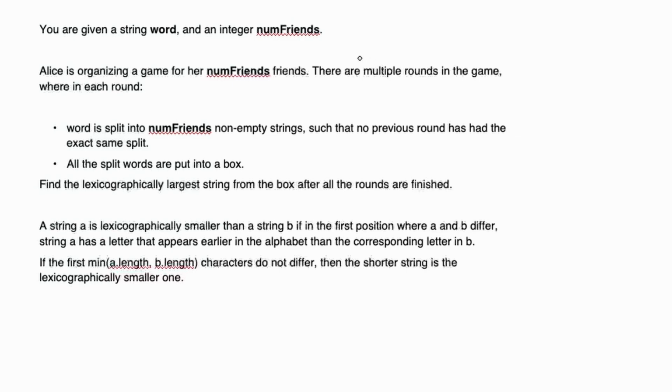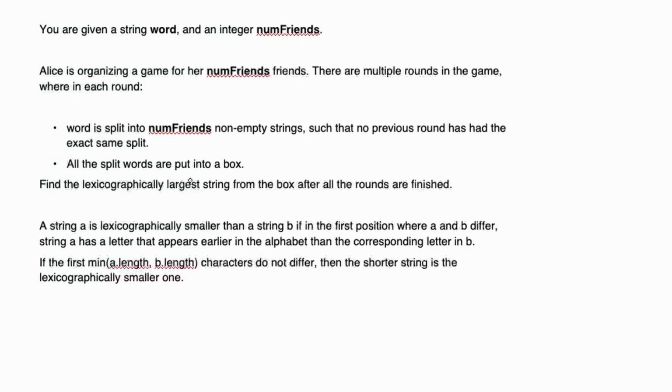It is irrelevant. But basically what we want to do is split the word into numFriends non-empty strings, such that no previous round has had the same exact split. Again, this part of the sentence is irrelevant. We're not keeping track of previous rounds because there are no rounds, so just leave this entire thing out.